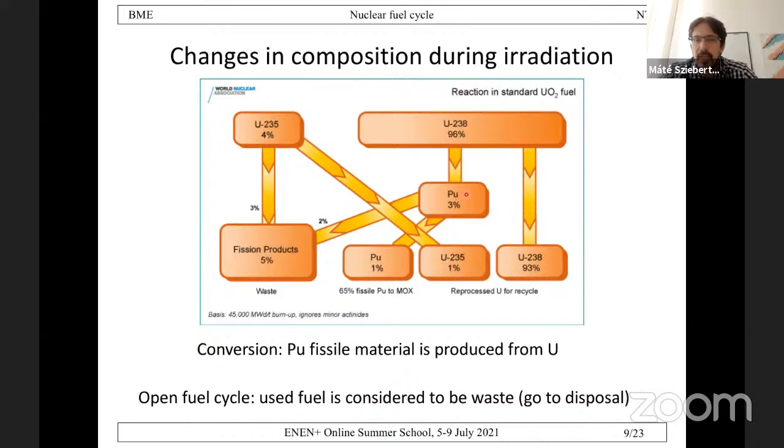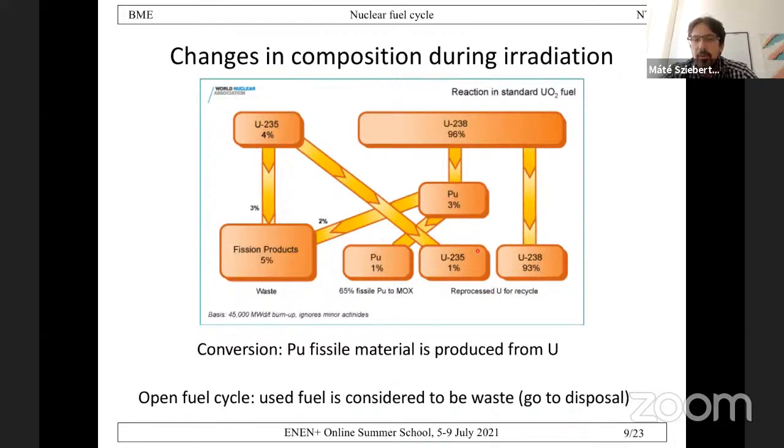But during the same time, from the uranium-238, about 3% plutonium is produced. And from this 3%, during the same campaign, 2% is used. So altogether, you have like this 5% of fission products, and 2% was produced from the fission of the plutonium. And obviously, the power is also produced to the same extent from plutonium.